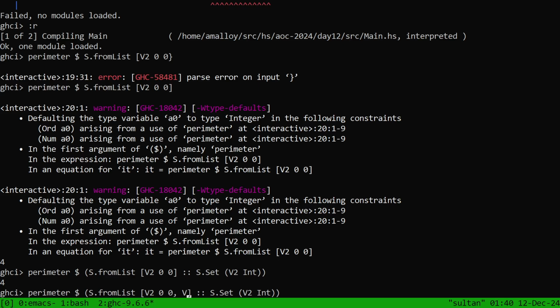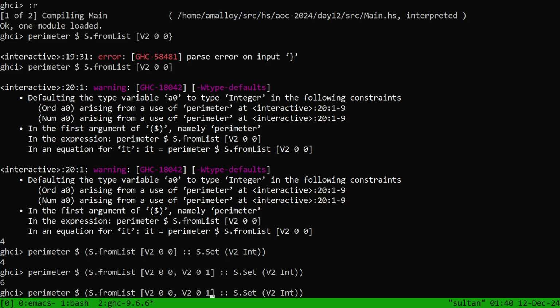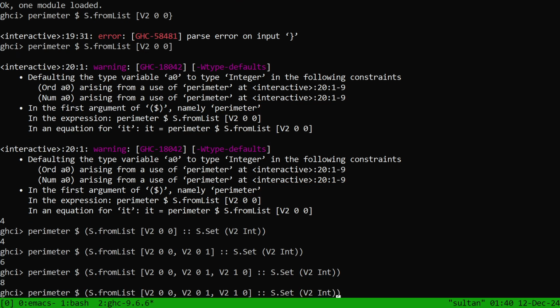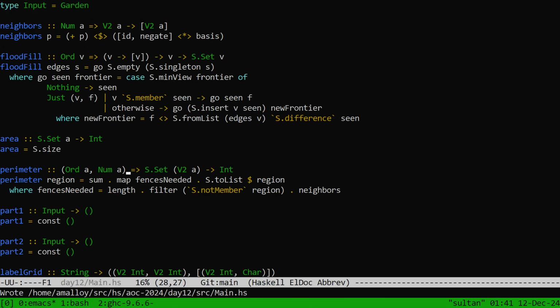And if we were to add then v2 of 0, 1, this is like a 2x1 domino. Its perimeter is 6. If we added v2 of 1, 0, what is that? That's 8, isn't it? The top is 2, the left is 2. The right is 1 and the bottom is 1, but then there's another little jigsaw size 2 cut out of it. Yeah. And so when we add 1, 1, it shouldn't change at all. v2, 1, 1. Great. Okay, so perimeter's right. I mean, it's not a proof, but I think it is.